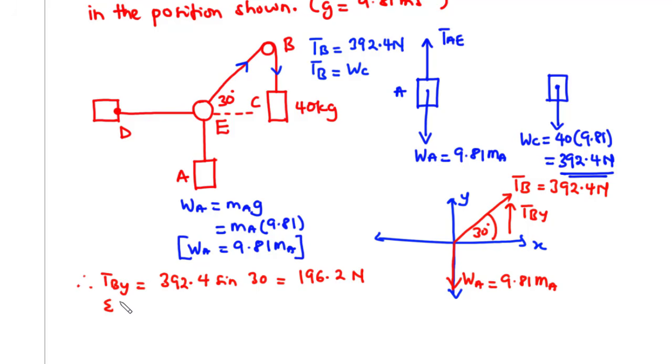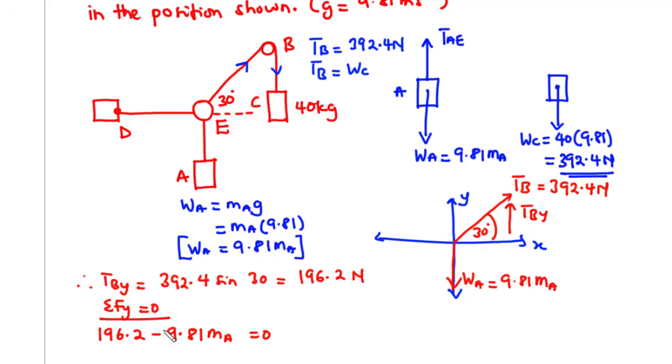Therefore, the sum of forces along the y-axis is equal to 0. We have TBY acting vertically upwards, which is going to have a positive value, so 196.2. And then we have WA acting vertically downwards, so minus 9.81 MA, and that is equal to 0.